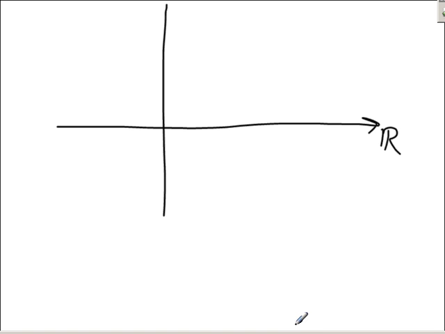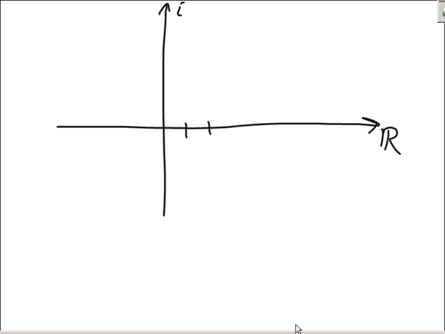Okay, so how about we graph some complex numbers? Graph these complex numbers. Now, graphing complex numbers, very, very simple. Along the horizontal axis, you put the real part, and along the vertical axis, you put the imaginary part.